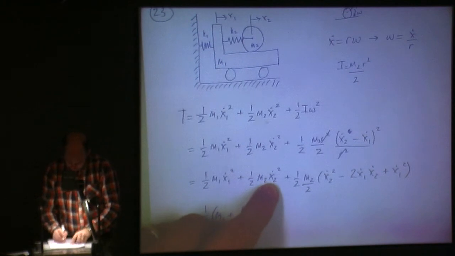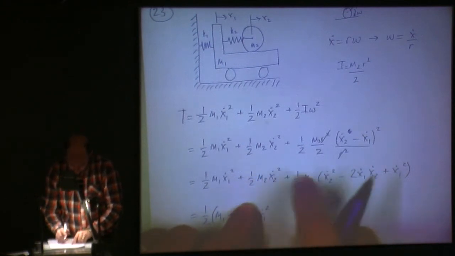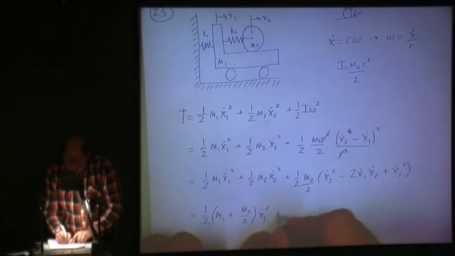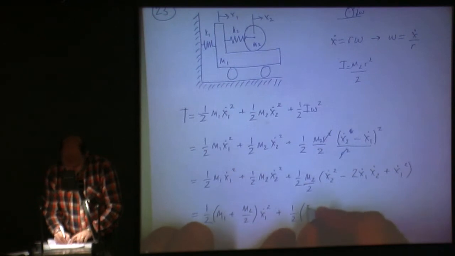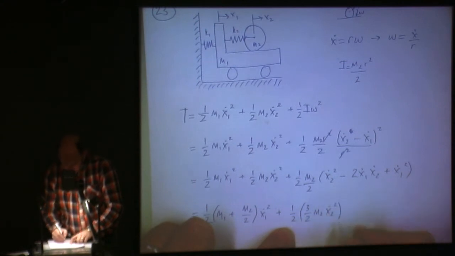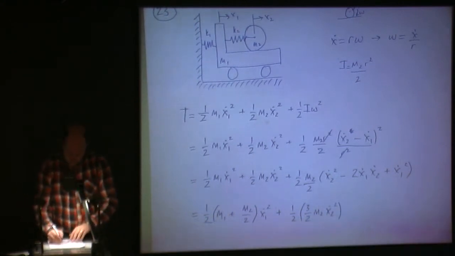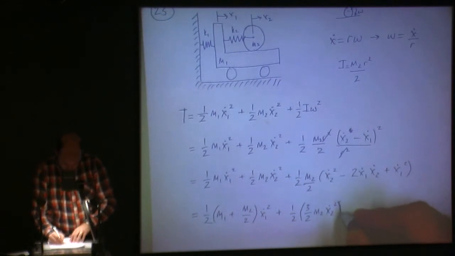Then in terms of x2, we've got this one and this one. So I'm going to write out here 1/2, we've got 1 plus 1/2, so that's 3/2 m2 x2 dot squared. In fact, I'll put the bracket in there, just to make life easier.